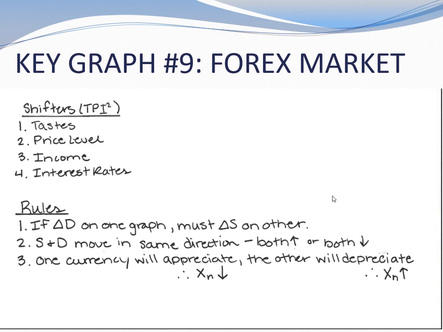And when you're wealthier, you're able to afford more products, including foreign-made products. So you would see an increase in the demand of foreign currencies to purchase those foreign-made products.